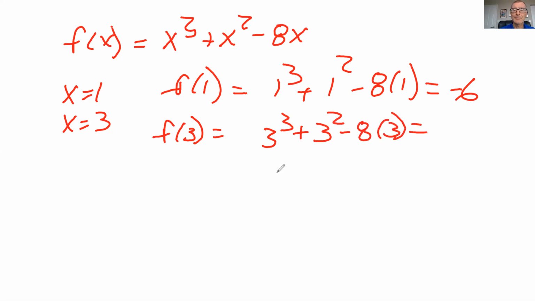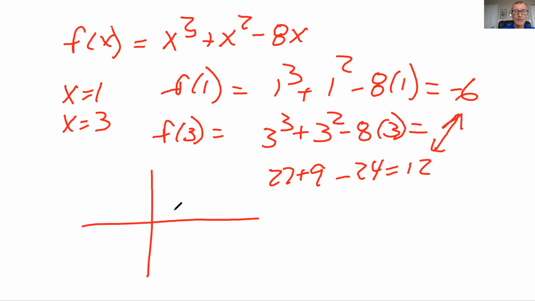And that one would give you 27 plus 9 minus 24. And that would give you 12. So again, we'd have a 0 between x equals 1 and x equals 3.